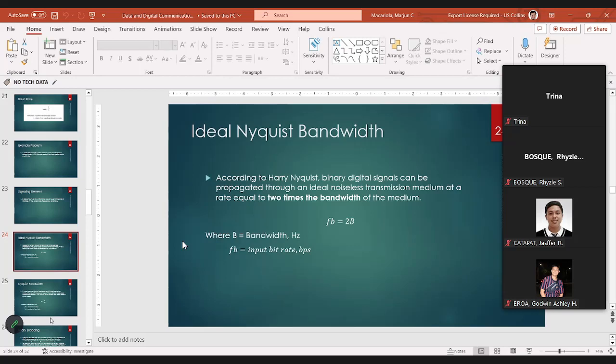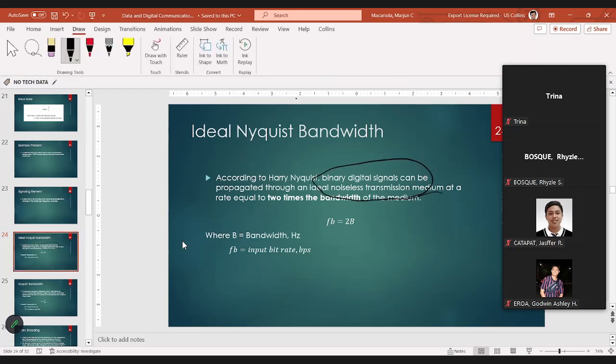The keyword is noiseless. If you are using a noiseless transmission medium, to find the bandwidth, bandwidth is equal to input bit rate over 2.